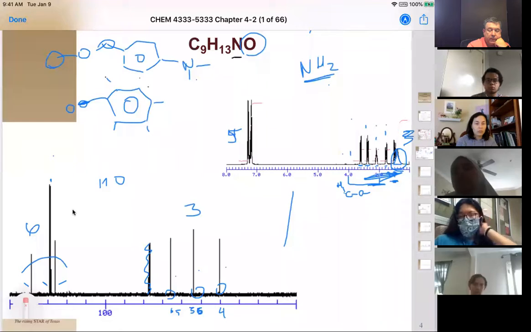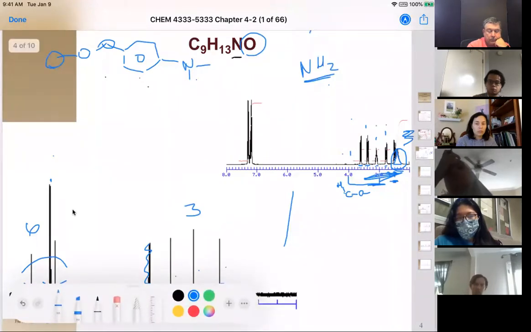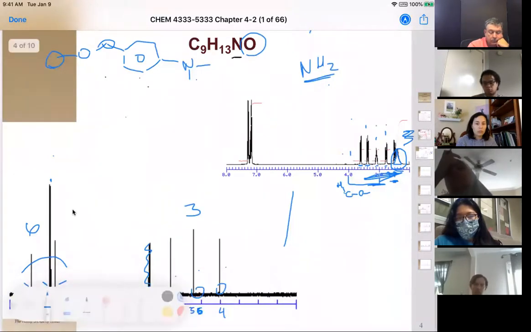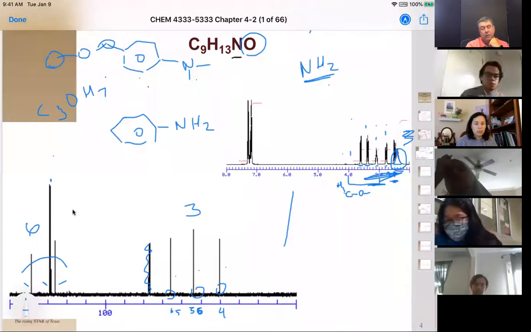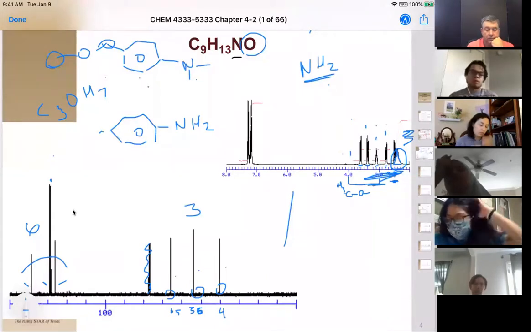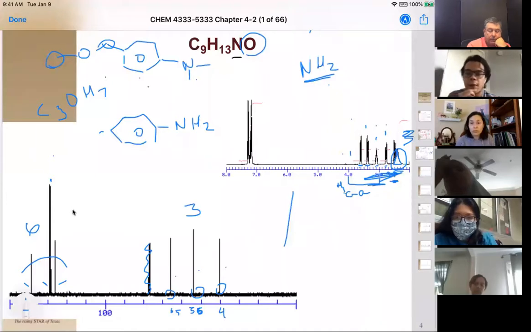I want to put another ring in there because that would give us that differentiation, but we don't have enough hydrogens there. So we have C3, O, and H7 left over. Oh, interesting.